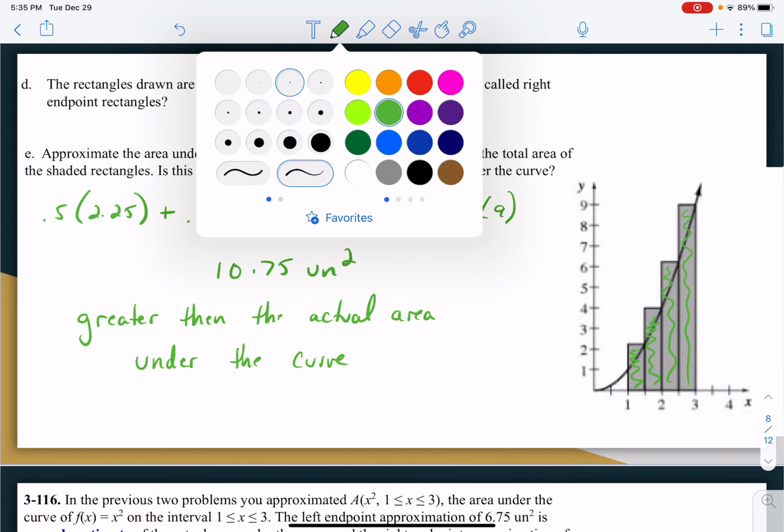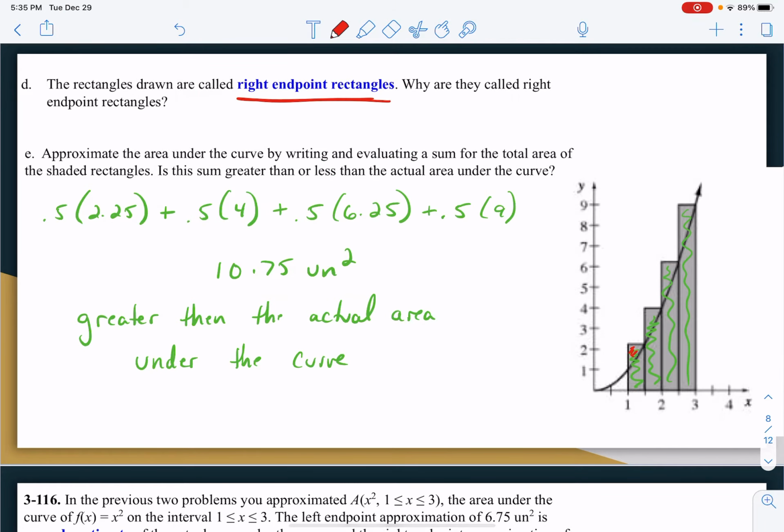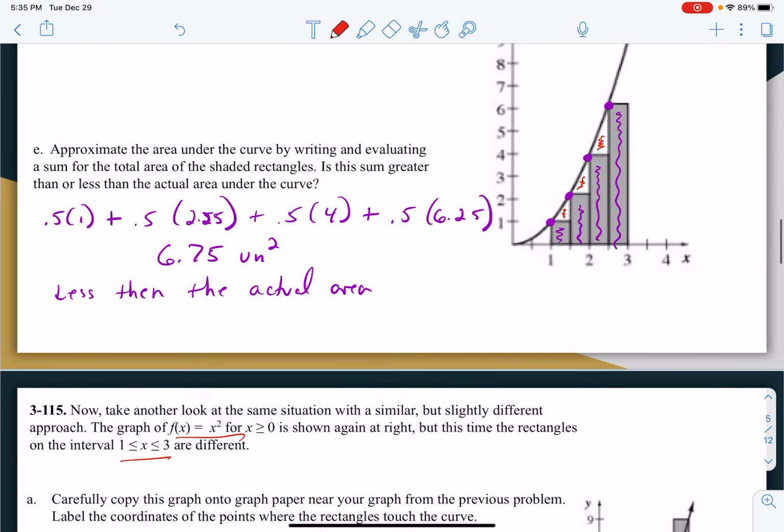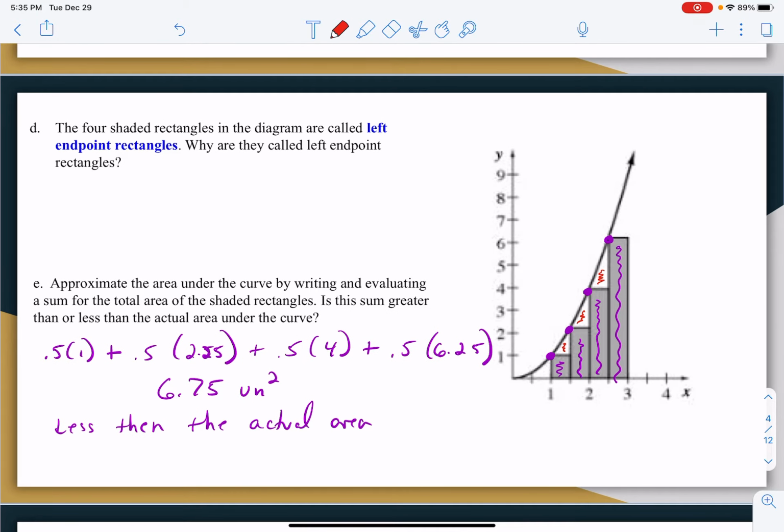And you can see why this is true, because I have pieces of my rectangle that actually go above my curve. So using right endpoint rectangles, I'm always going to get an area higher than my actual area. And using left endpoint rectangles, I'm always going to get an area a little less than my actual area.